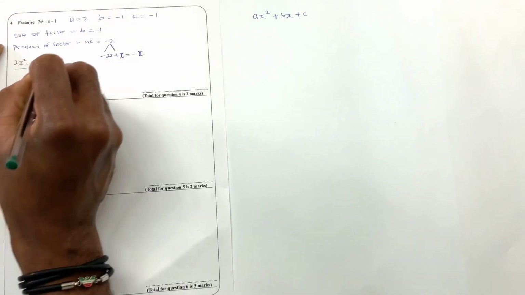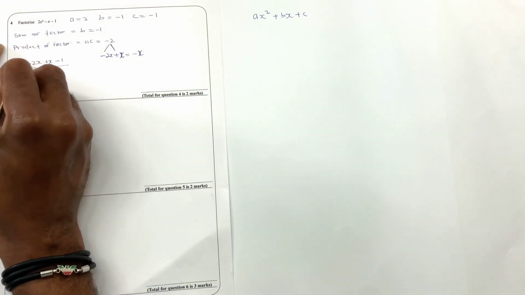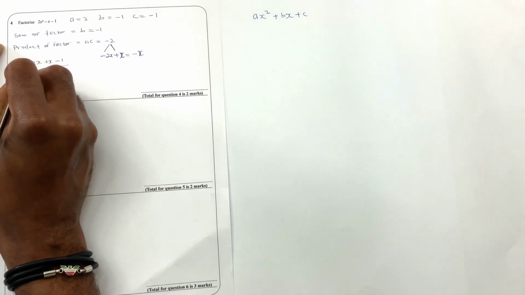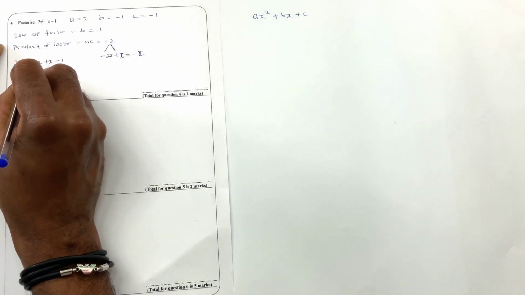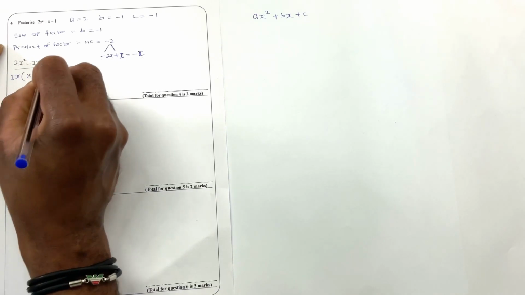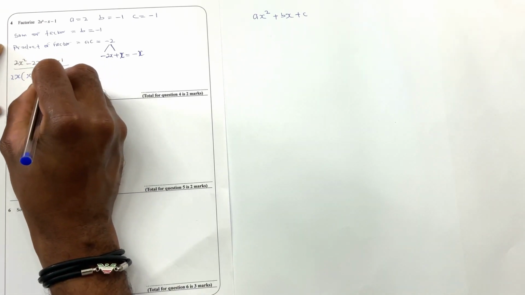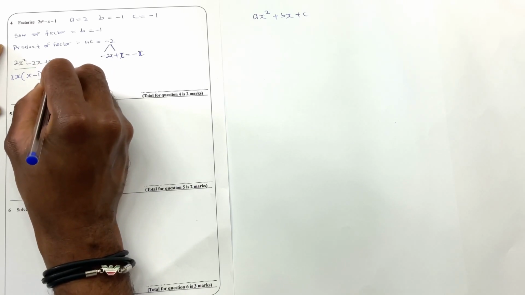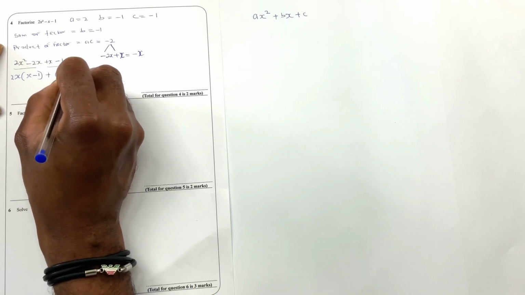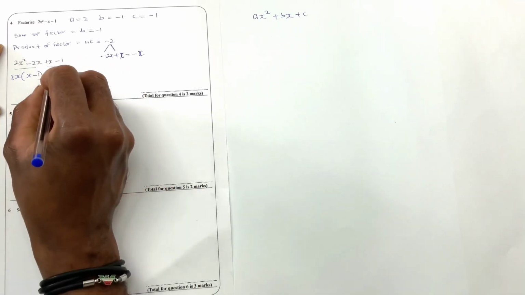There is a common factor here, and there's a common factor there. The common factor here is 2x, and I get x minus 1. And the common factor here is 1, so plus 1 times x minus 1.